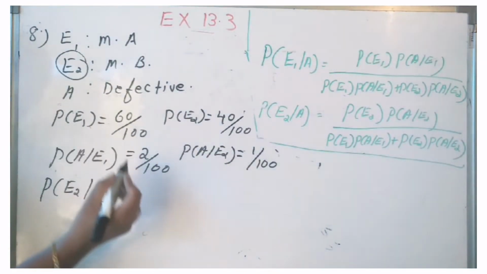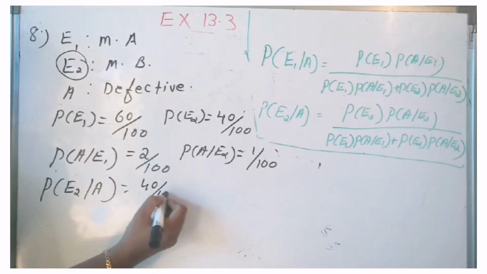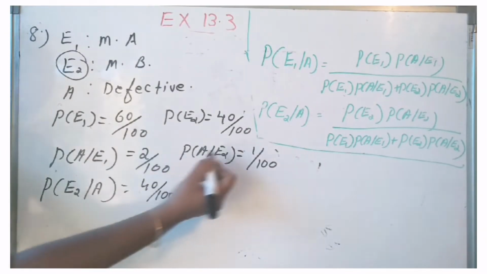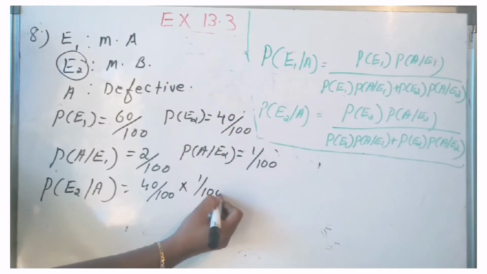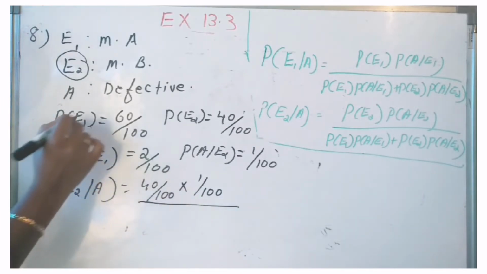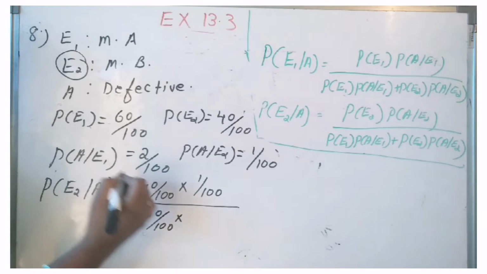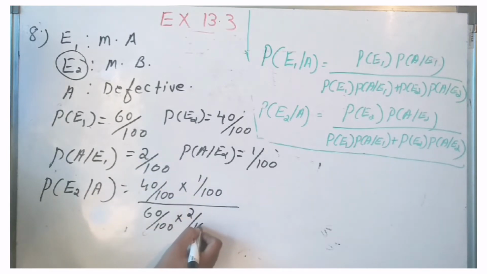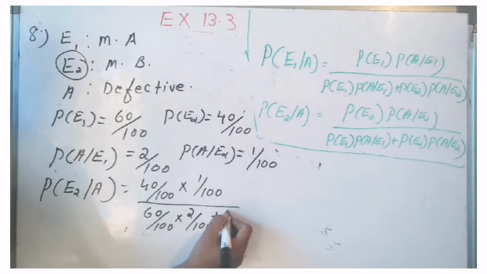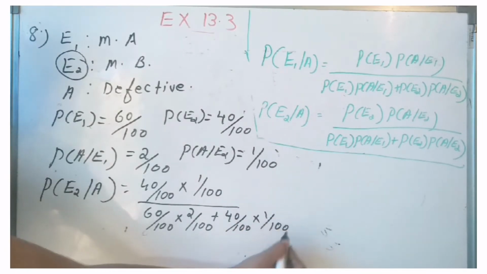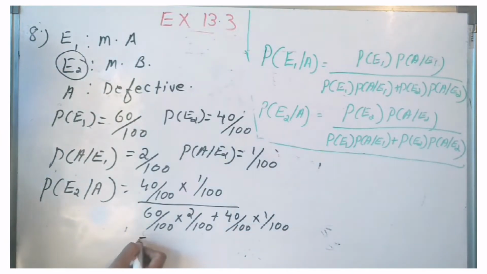Now P of E2, 40 divided by 100 into P of A given E2, 1 by 100, all divided by P of E1, 60 by 100 into P of A given E1, 2 by 100, plus 40 by 100 into 1 by 100. This is equal to 1 by 4.